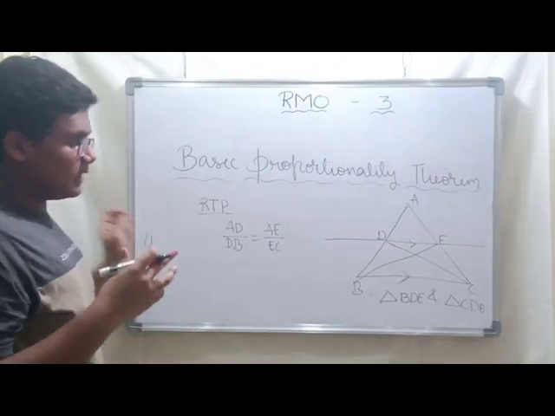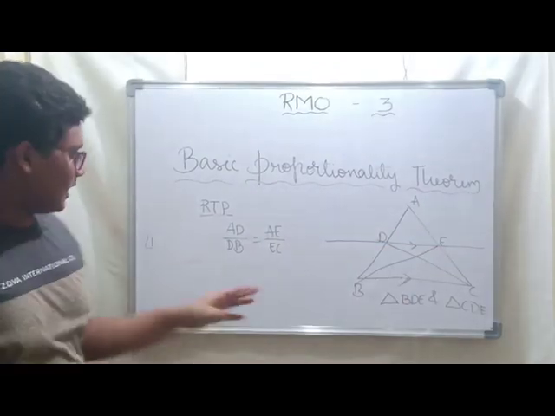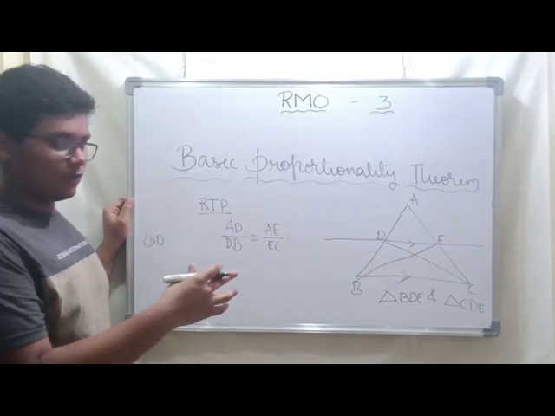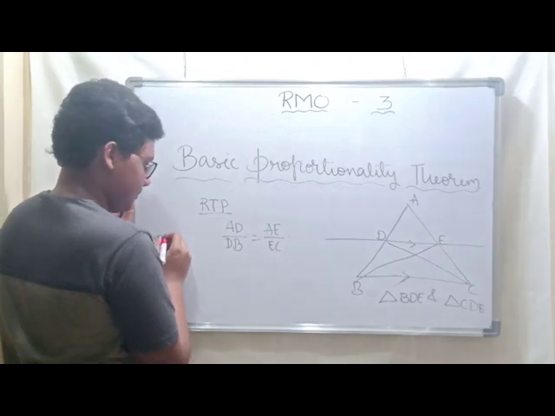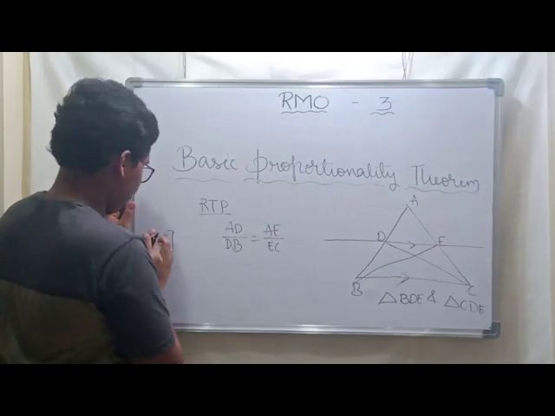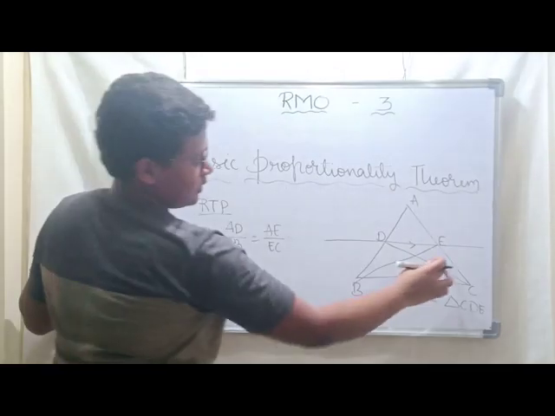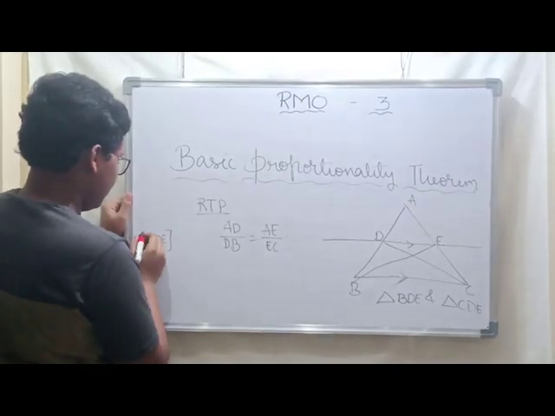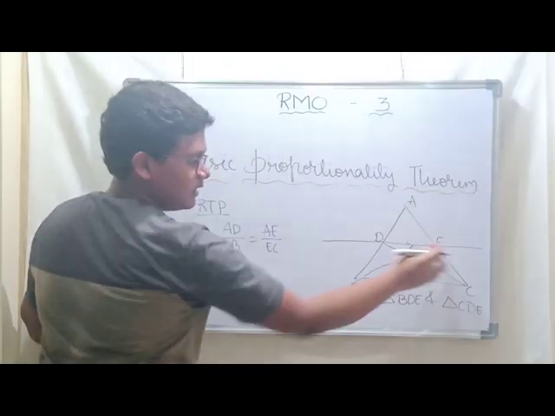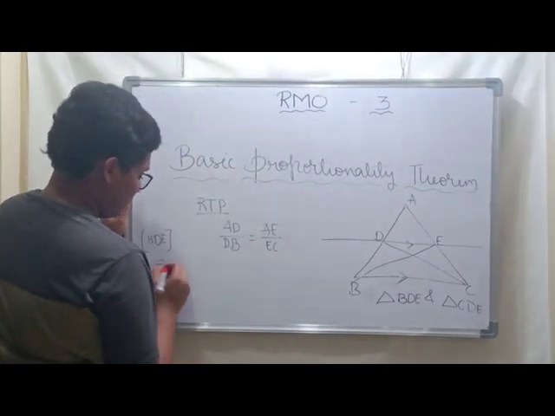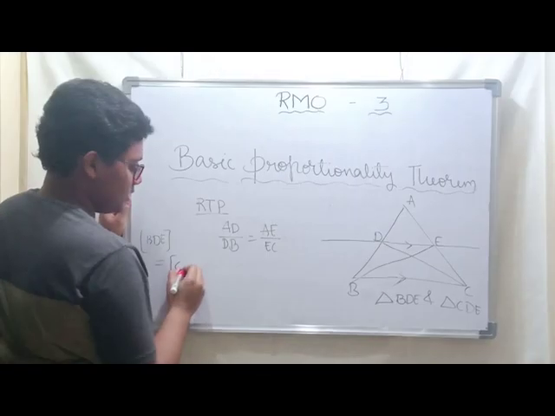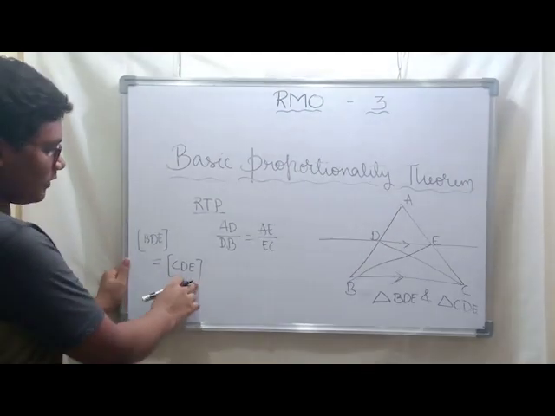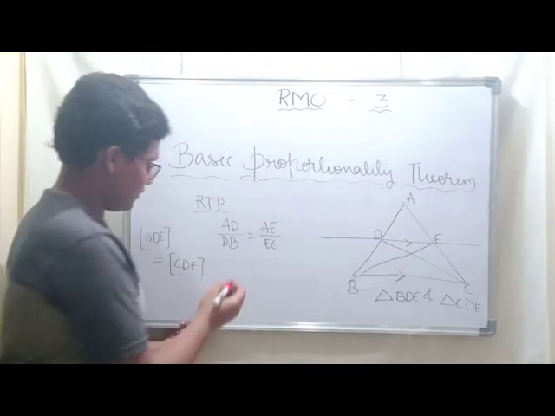I will prove that in quadrilaterals. See, the area of triangle BDE is equal to the area of triangle CDE. This is the symbol of area for triangles.